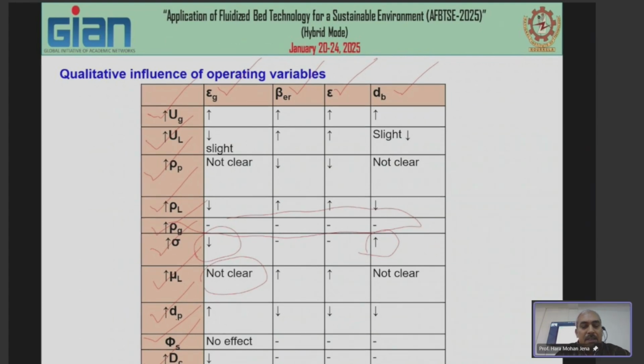For increase in the particle size, gas hold-up increases, bed expansion decreases, porosity decreases, bubble size decreases, and shape factor has no effect, as no such studies are there. And for increase in the diameter of the column, remaining other things the same, your gas hold-up decreases, and no studies are there for the other parameters.